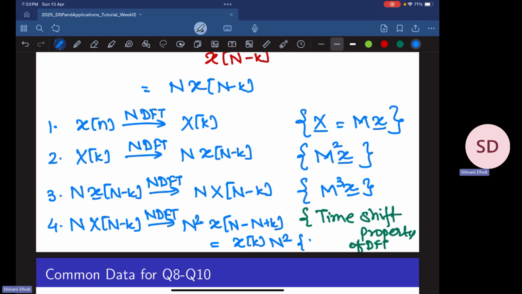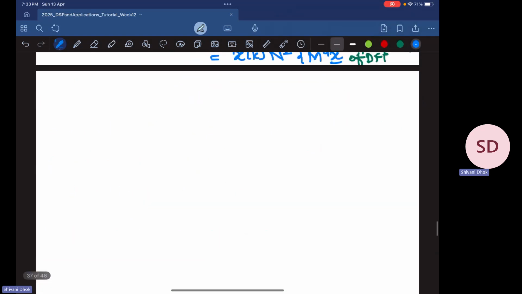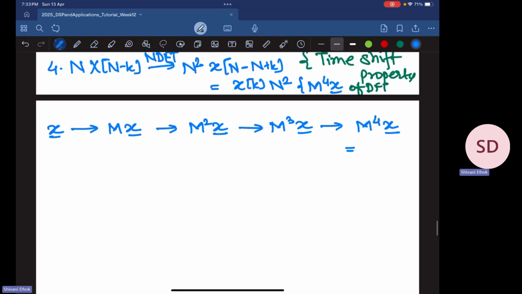And this thing here is basically m to the power 4 x. So what are we getting? We have x here. We do a DFT one time, so we get m times x. Then we do a DFT another time, we get m square times x. Then the third time we get m cube times x. And then we get m to the power 4 times x. And this m to the power 4 times x is basically n square x.